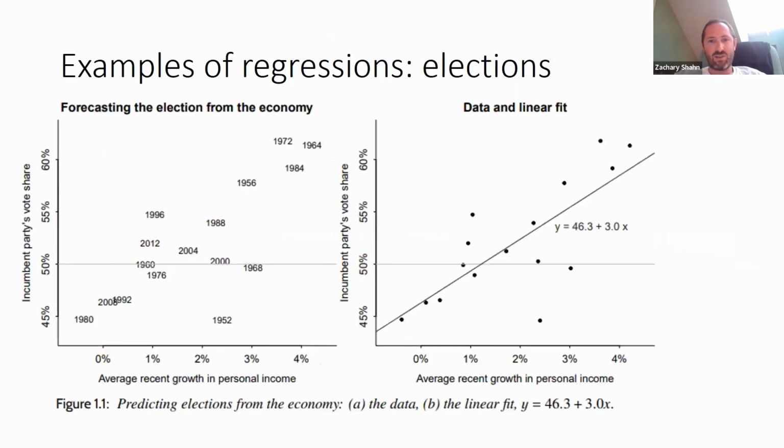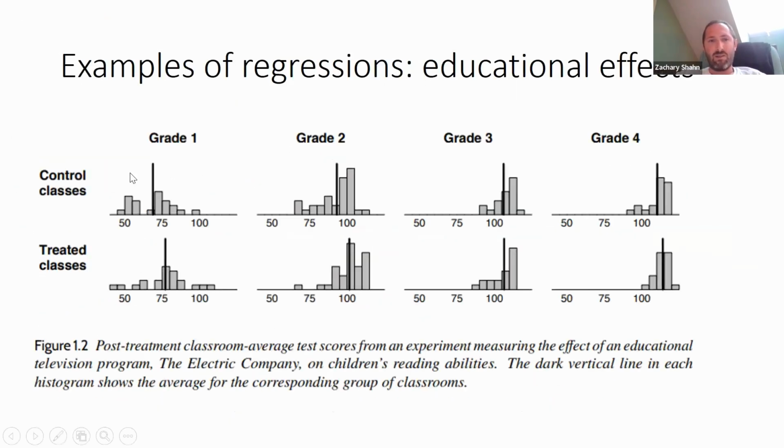Sorry, just going back to prediction. In the regression with the educational television show that was given to different grades or not, you could use a regression to predict what somebody's reading score will be given their grade and given whether or not they saw the television show. You could use it for pure prediction there.